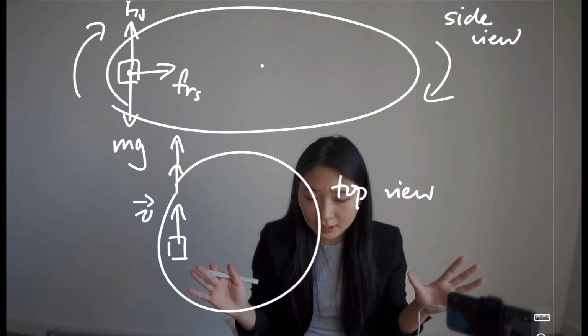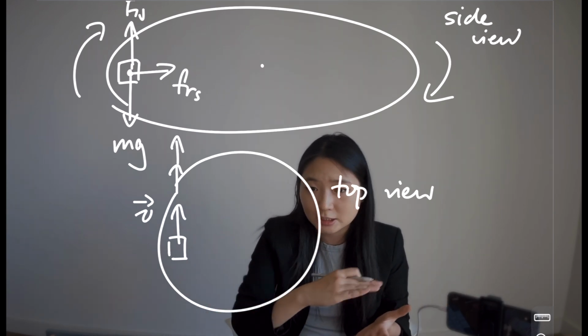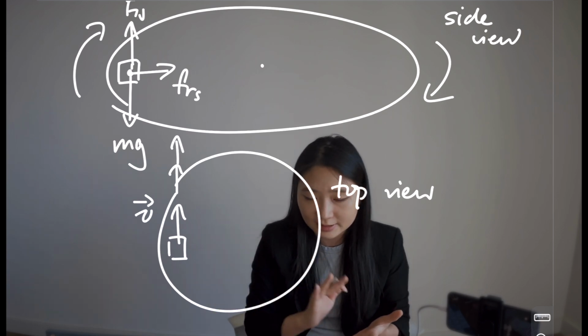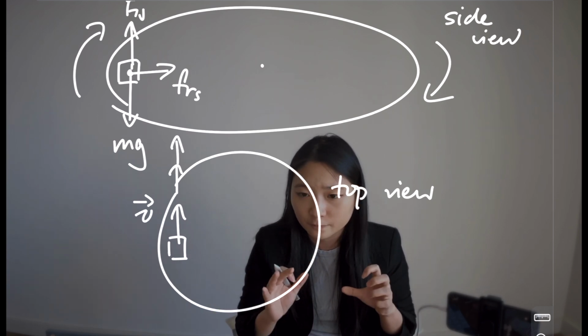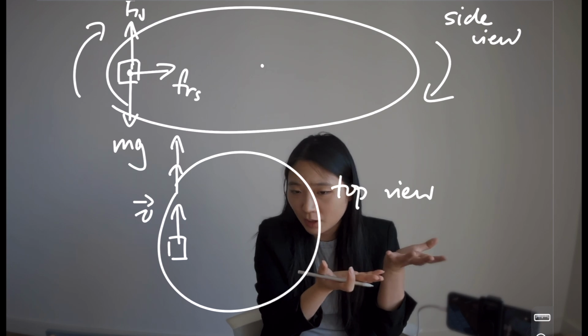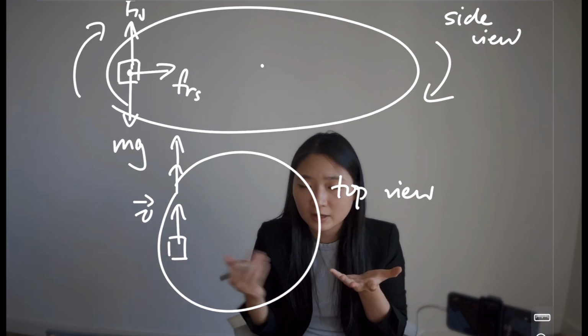Well, but that's not the case. We observe that this block is moving along on top of the disk. It means there must be a static friction force that's holding this block, preventing it from slipping off the disk surface.